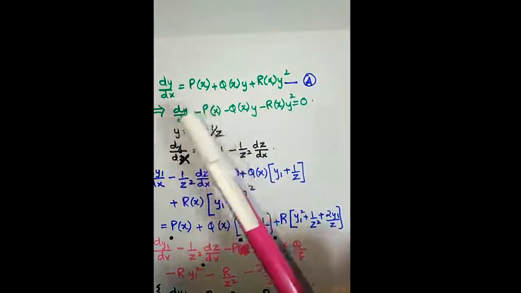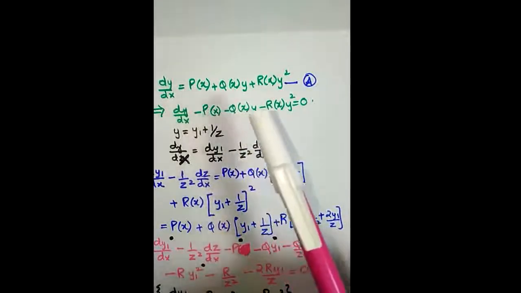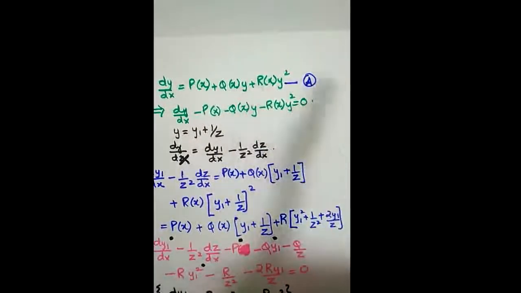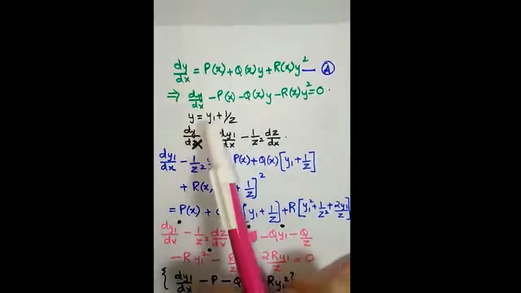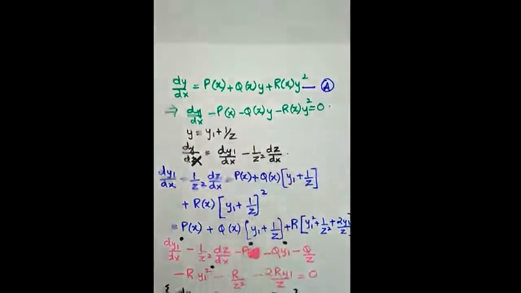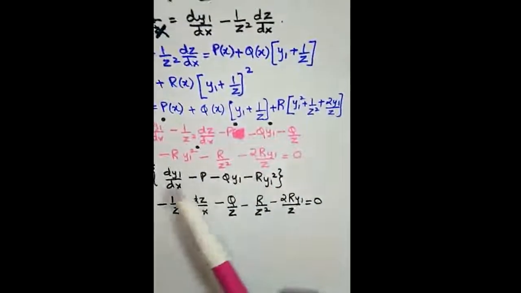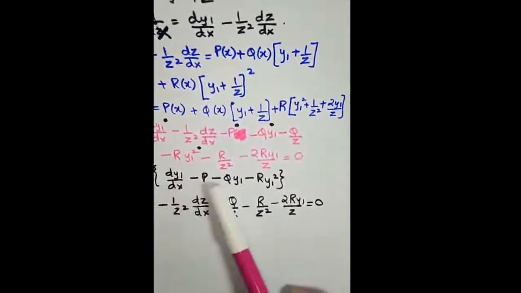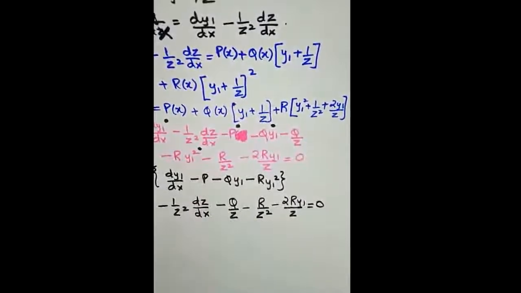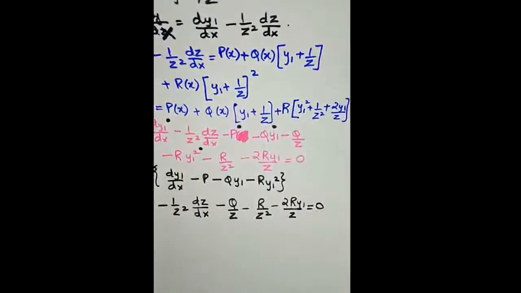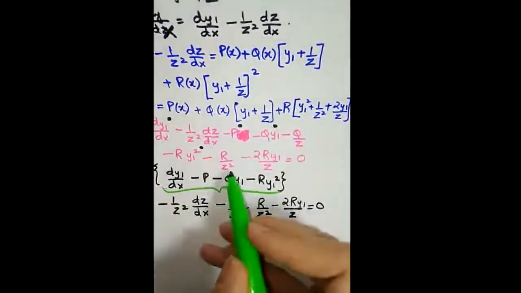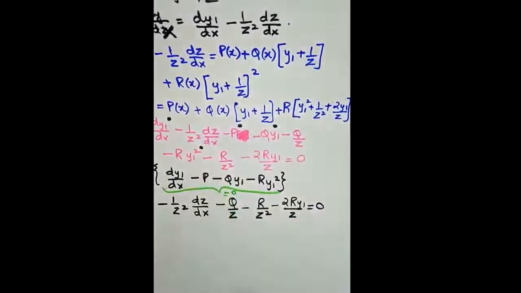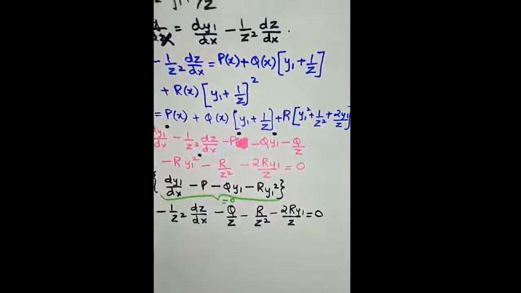So if I replace dy1 by dx minus p minus q into y1 minus r into y1 square, that means if it is a solution, then it is equal to 0. So this whole term becomes 0, so no need of writing it from the next step. All right.